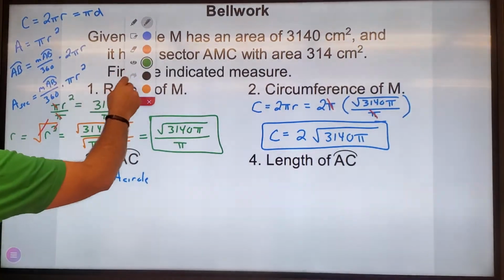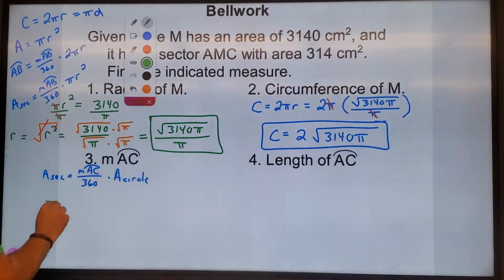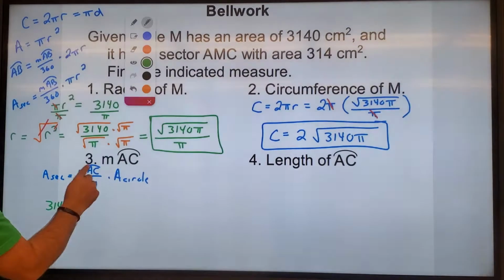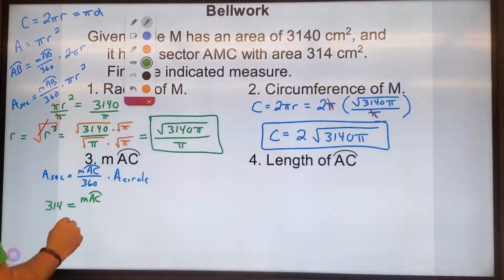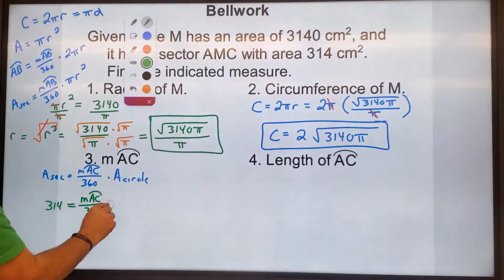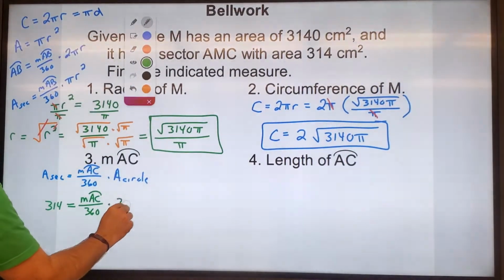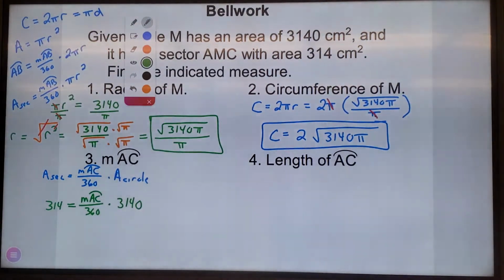Okay. And again, we're going to plug in everything we know. So we know the area of a sector is 314. I know that I need to find the measure of AC over 360 times that 3,140. Okay, because that was the area of the circle given.